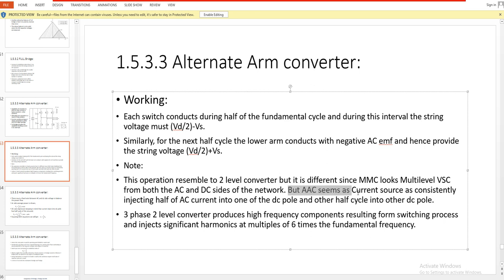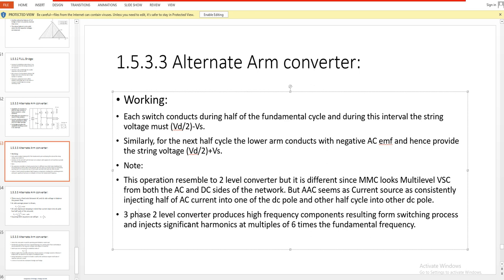So it is acting as a current source, since it is injecting half of the AC current into the DC pole and the other half of the current in the next cycle. So it seems like a current source converter.